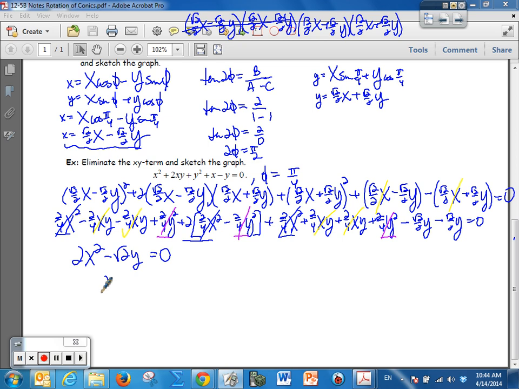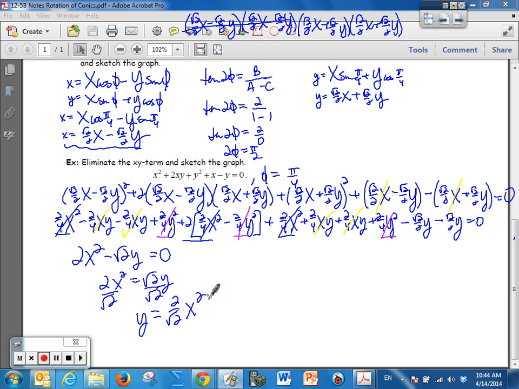We'd move that over. I'd have 2x squared equals root 2y. So I need y to have no coefficient in front of it, so I would divide by root 2. So I get y equals 2 over root 2 x squared.